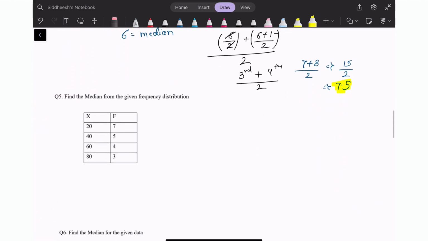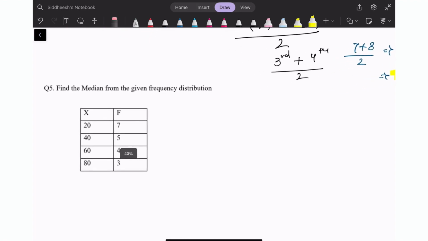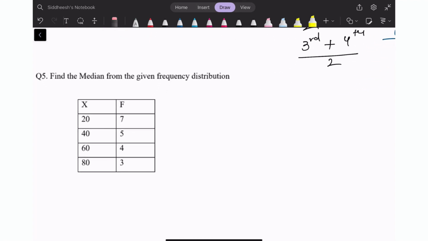Same thing we are doing with the median part also. We are trying to find the median from the frequency part. So in such cases, always remember, we need to find CF. CF is cumulative frequency, the first step to solve for the median.